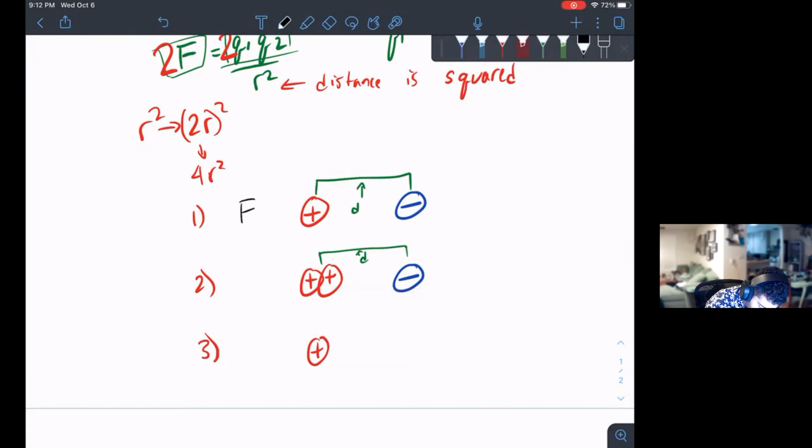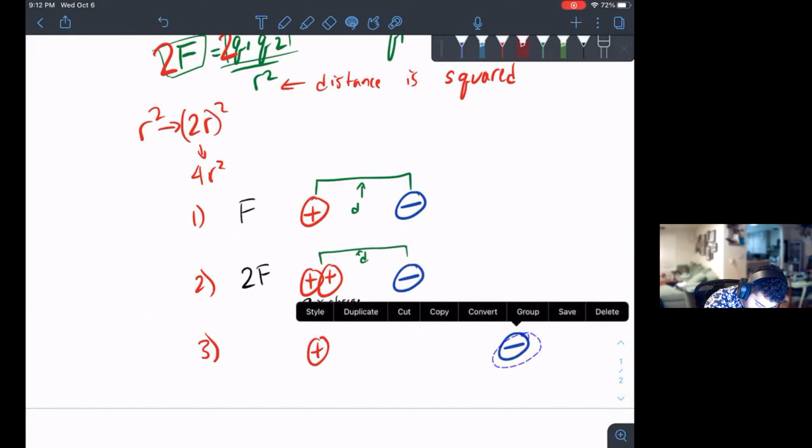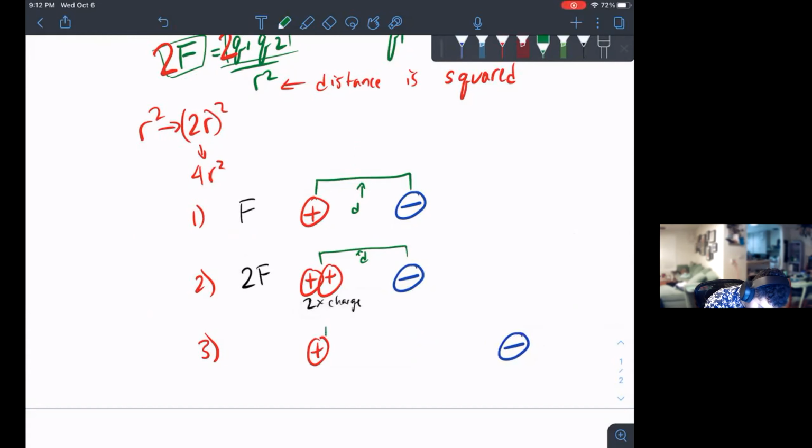Because we have 2 times the charge, this will be 2F. However, the problem comes when we double the distance. That's 2D. The force is actually affected by 4 times that amount, or actually 1/4.